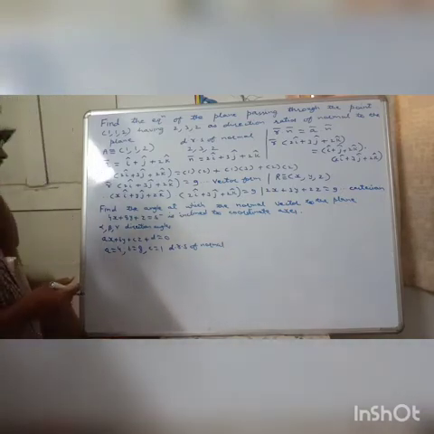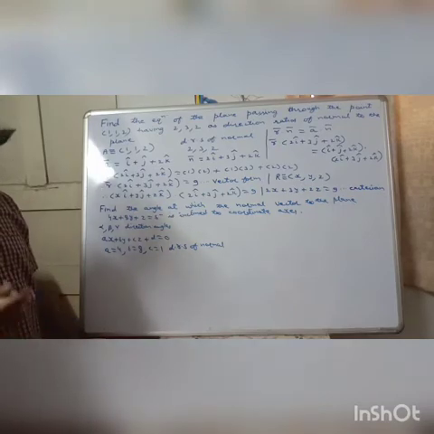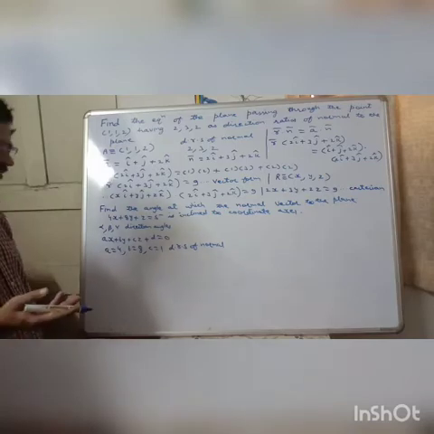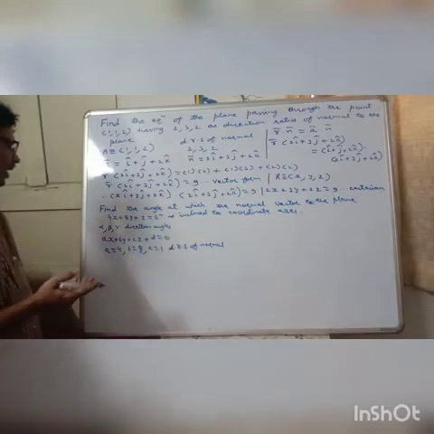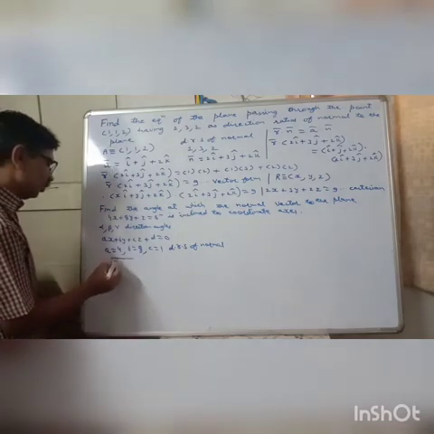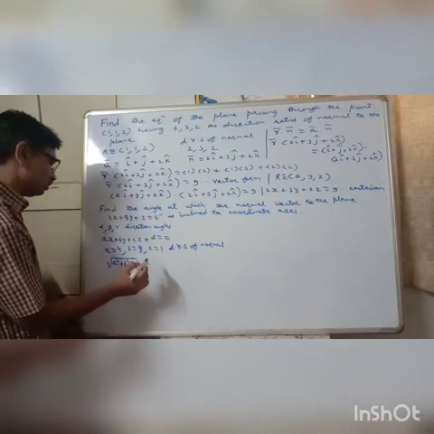Now direction ratios are known to us. From that we can find direction cosines. For getting direction cosines, we shall find square root of sum of squares of the direction ratios.